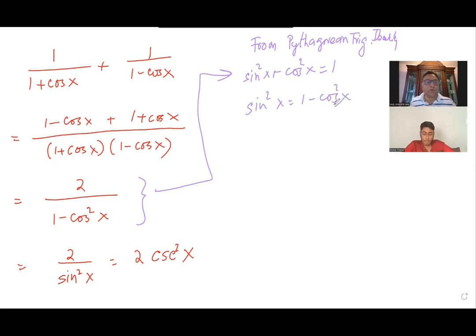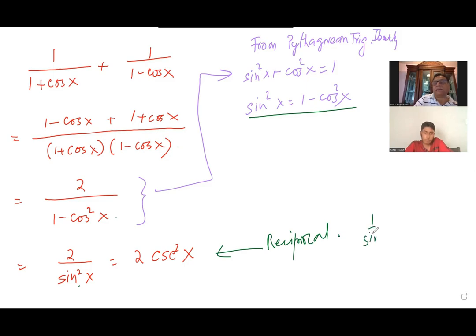Yeah. So at this stage, when you multiply this, a plus b times a minus b is a square minus b square, right? And therefore we got that statement: 1 minus cos square x is equal to sine square x, and we substituted 1 minus cos square x as sine square x. And then we use the reciprocal identity, because we know that 1 over sine x is cosecant.